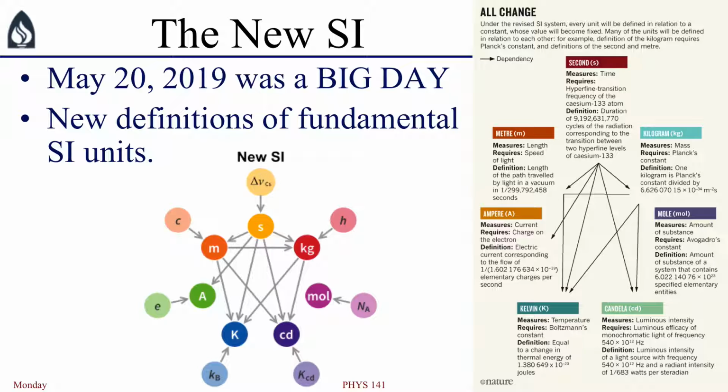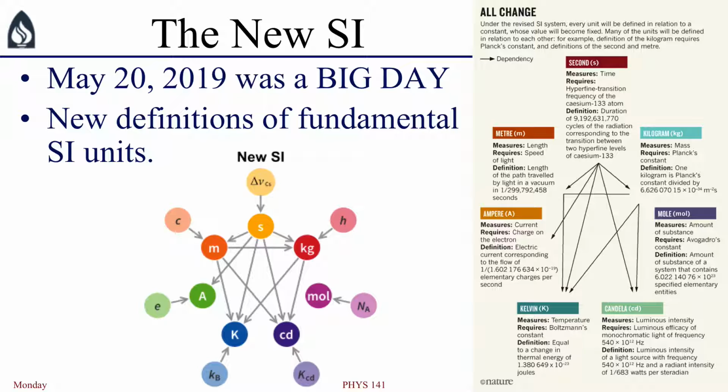And so all of the fundamental units were tied to constants of nature, things like the speed of light. And because they're now tied to constants of nature, as instrumentation gets better and people are able to measure things more precisely, then we don't have to worry about our fundamental units being imprecise.